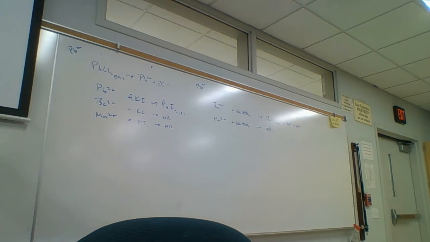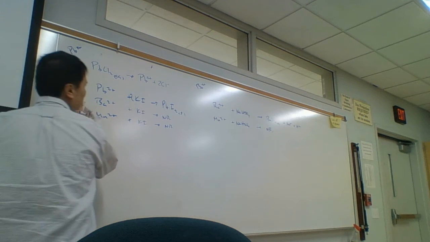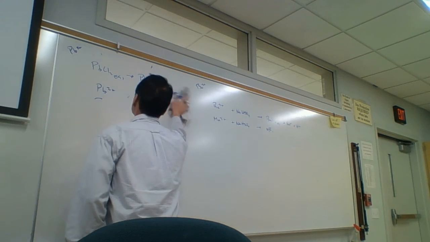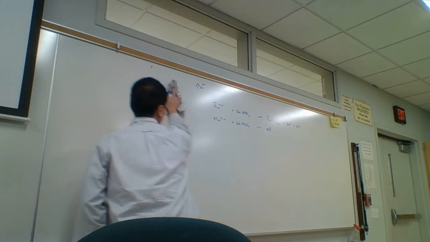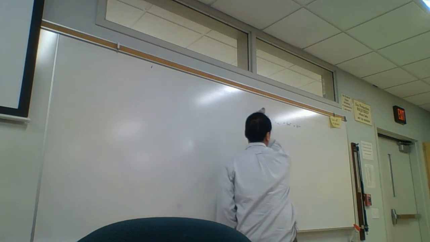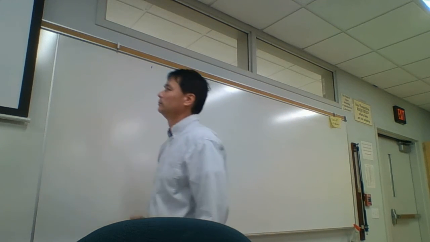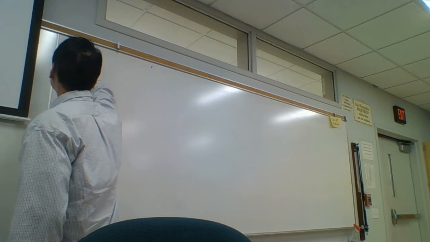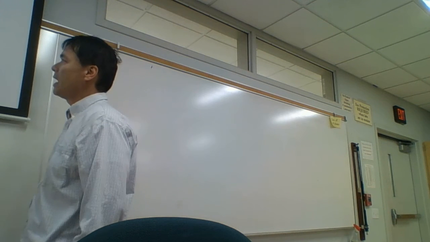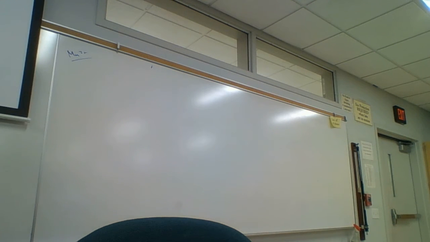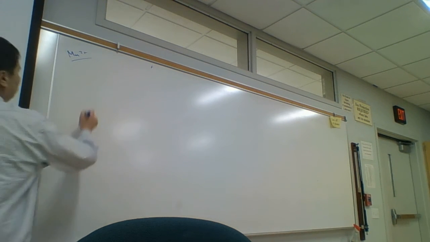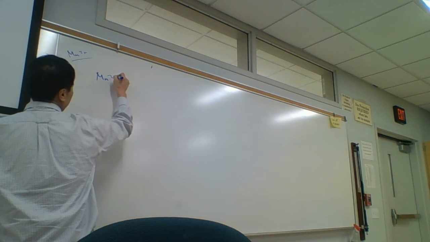Okay, once we get rid of the barium, then all we're left with is manganese. So let's take a look at that next here. So what are the reactions here? Well, the first reaction is we're going to mix it with hydroxide. Well, manganese likes hydroxide.